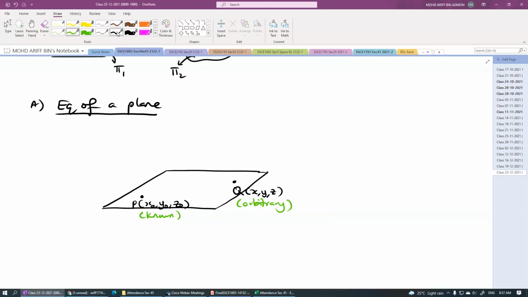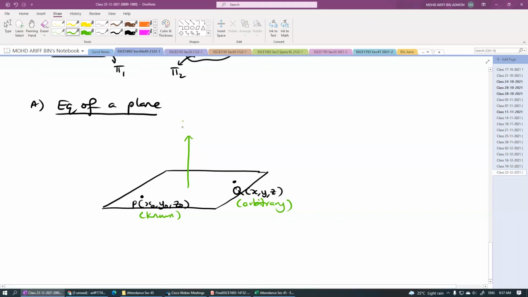All surfaces, or in simple terms all planes, should have a normal vector. Either your normal vector goes to the top like this, or it goes down.